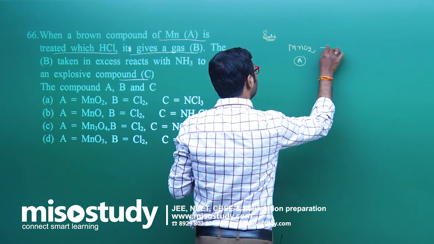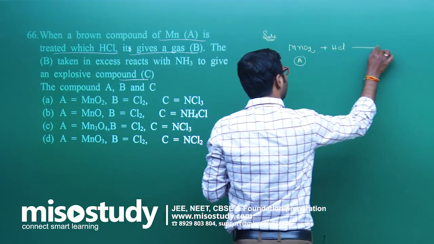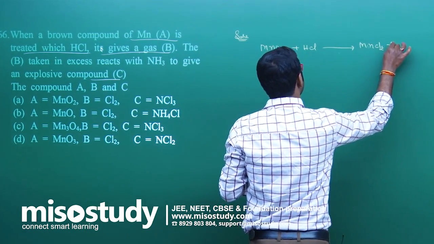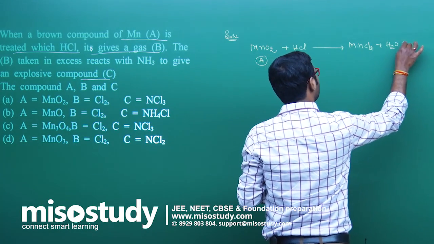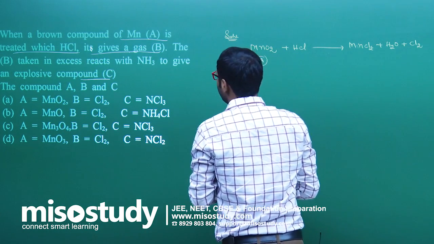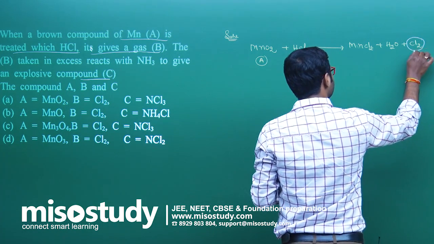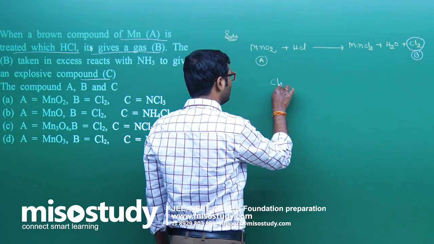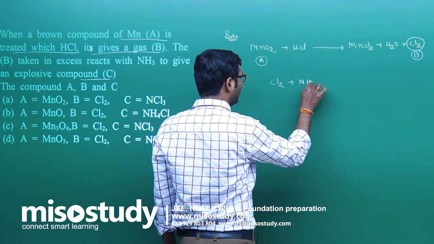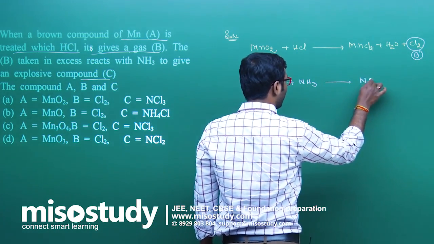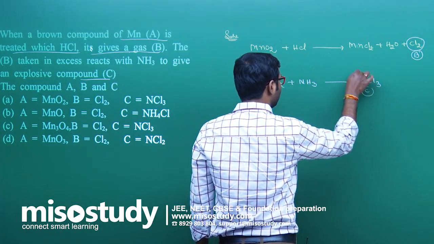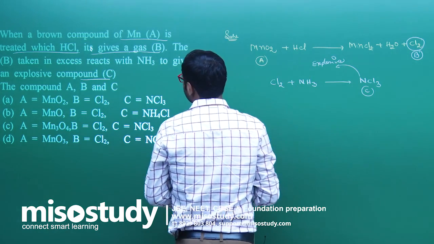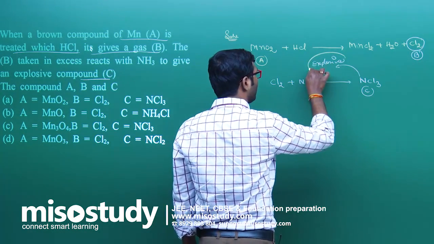When MnO2 is treated with HCl, it gives MnCl2 plus H2O plus Cl2. This gas is B, chlorine gas. Excess of B, that is Cl2, when treated with NH3, gives NCl3. This is C, the explosive compound.